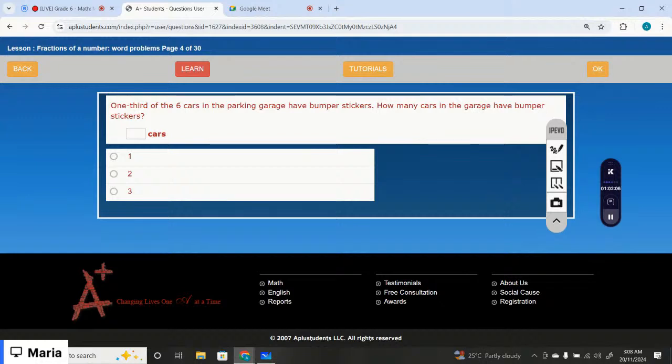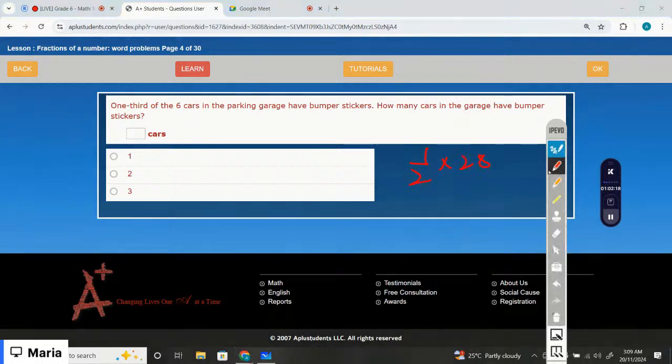One third of the 6 cars in the parking garage have bumper stickers. How many cars in the garage have bumper stickers? So, one third of the 6 cars. So, you have to evaluate 1 by 3 times 6. So, which is the correct option?